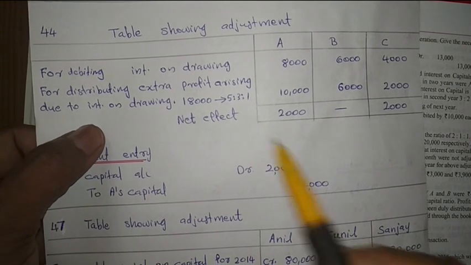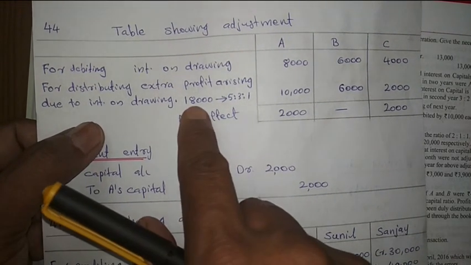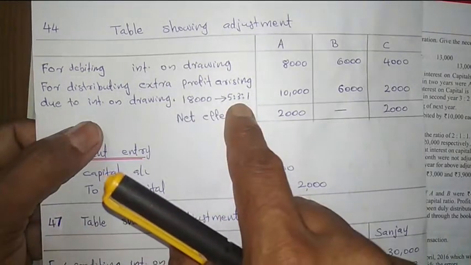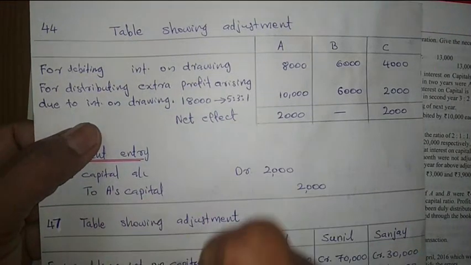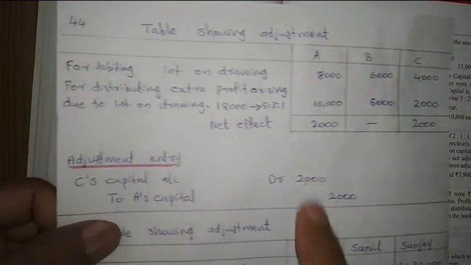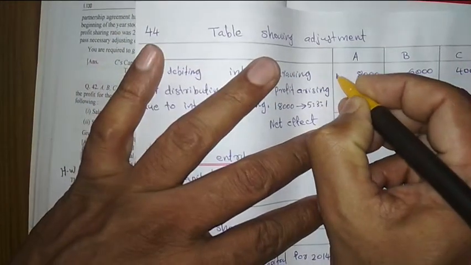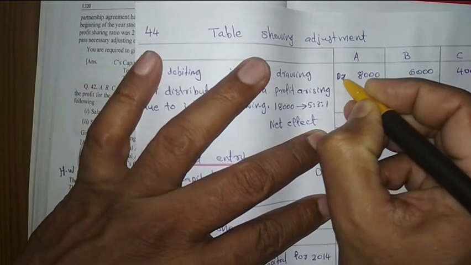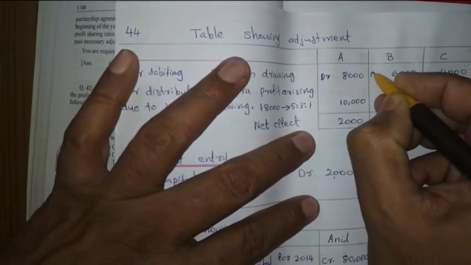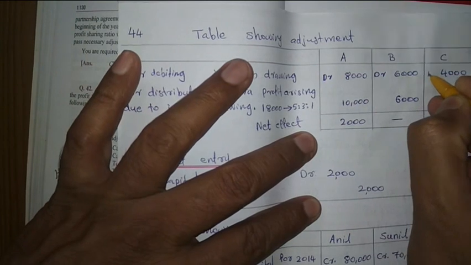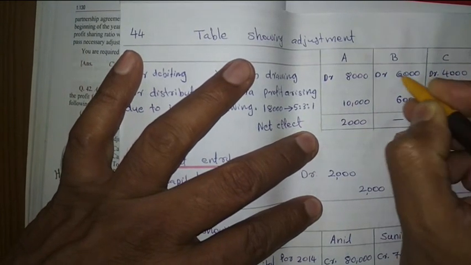An amount equal to 18,000 we have to distribute in the profit sharing ratio, and this we have to credit. Because interest on drawing we have to debit to their capital account. So this we are debiting.